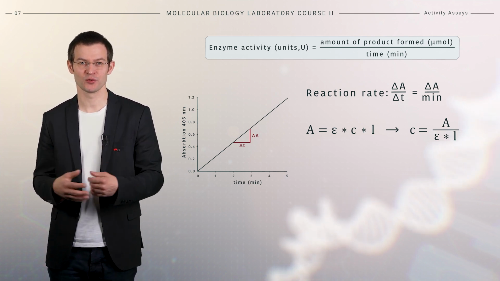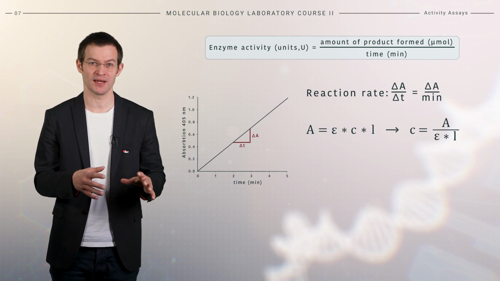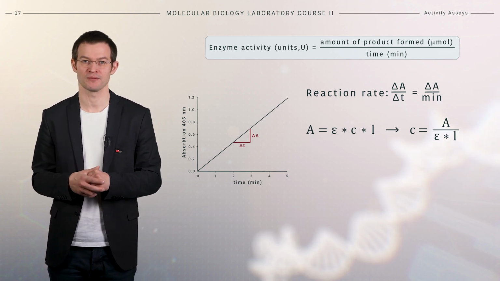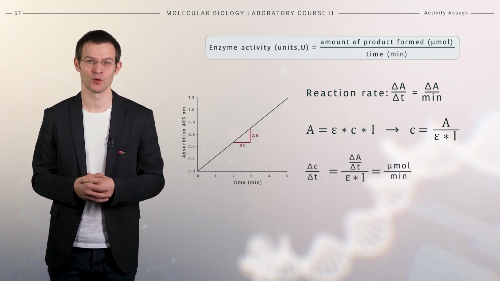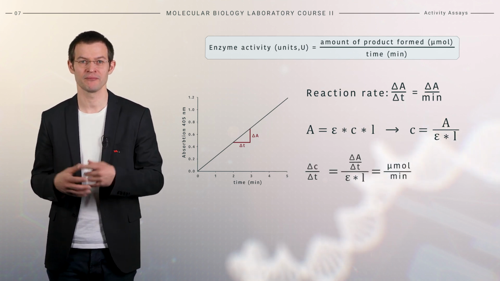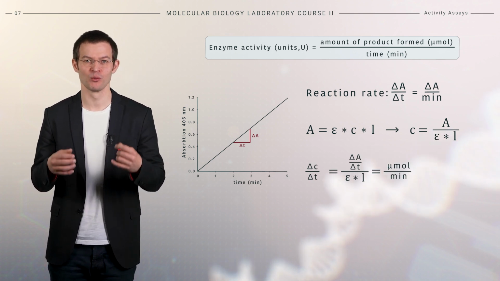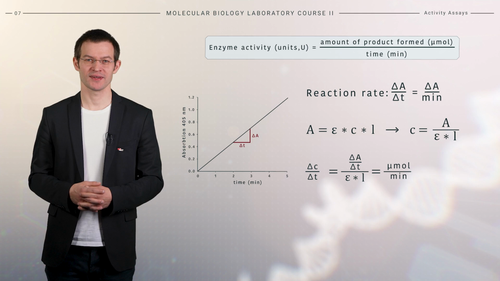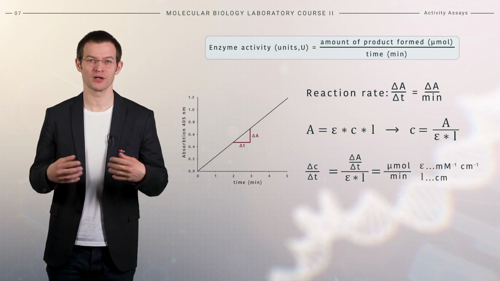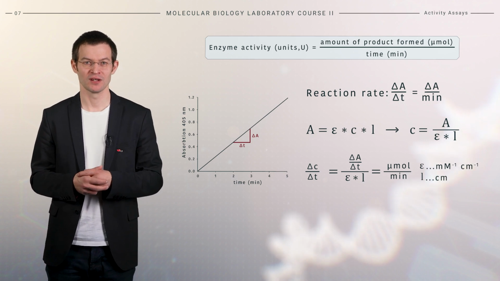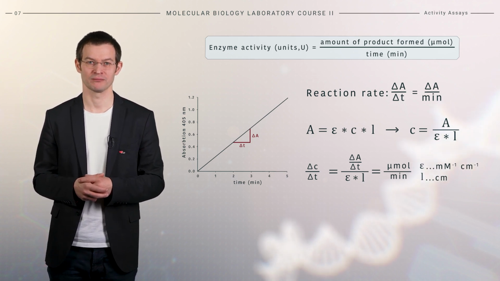This step allows us to convert the absorbance changes during an enzyme reaction into changes in the molar concentration of the product. By substituting the absorbance with the absorbance change over time, we can calculate the enzyme activity expressed in micromoles per minute. To do this calculation, we need to know the molar absorption coefficient of our product and the path length of the cuvette, which is usually 1 centimeter.